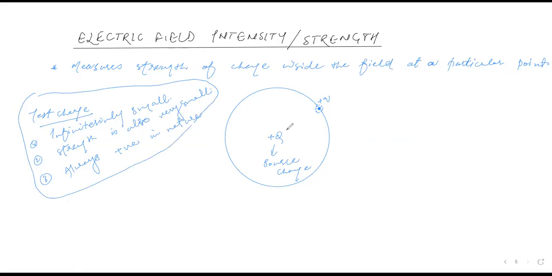In this case, can you tell me, will this positive charge repel the test charge or attract it? It will repel, right? Why? Because there are two positive charges, like charges.